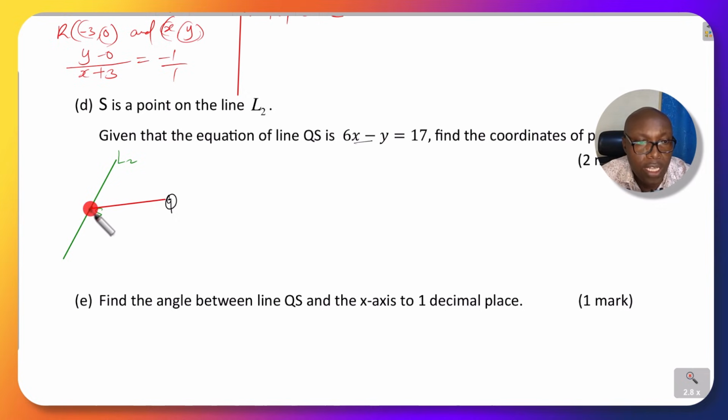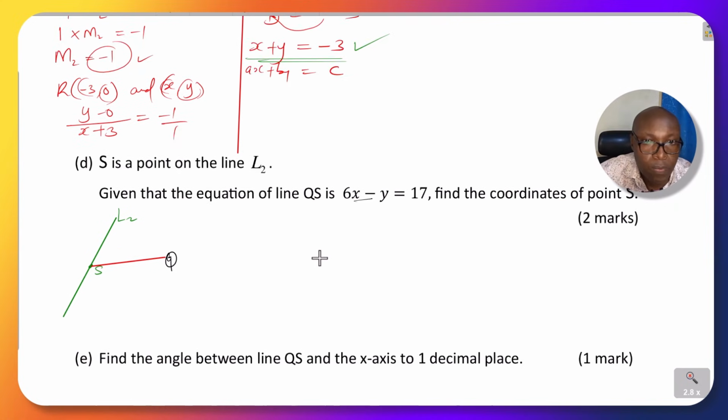Find the coordinates of point S. So how do we get the coordinates of point S? You can see that point S is the point of intersection of these two lines, L2 and QS. How do you get the point of intersection given two straight lines? By simply getting the equation of the two lines. We have the equation of L2, it is x plus y is equal to -3. And then we have the equation of QS.